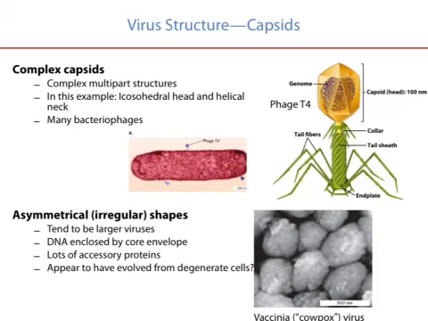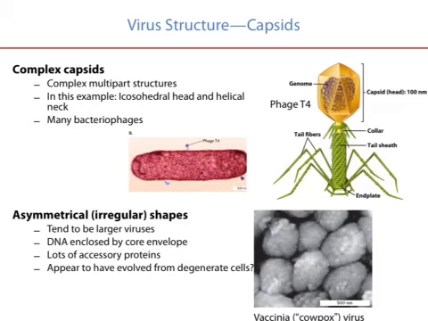Now, there are some examples of viruses that have what are called complex capsids. So instead of just having, like I showed you previously, 1 protein that encodes the entire capsid, some of the capsid contains multi-part structures. And a bacterial phage is a really good example of that. So this has a capsid head, which is very similar to the example I showed you a couple of slides ago.